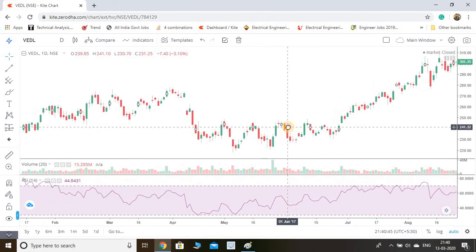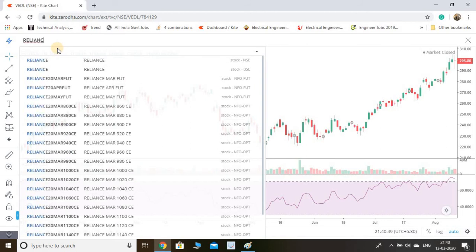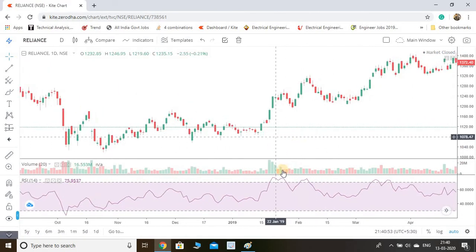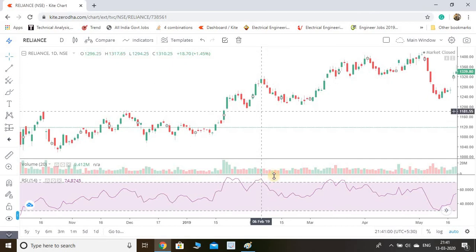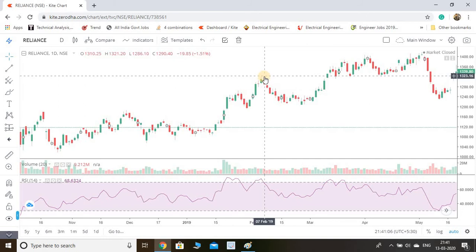Okay, any stock, Reliance. Check Reliance. Here the price is making up to this level, up to this candle.